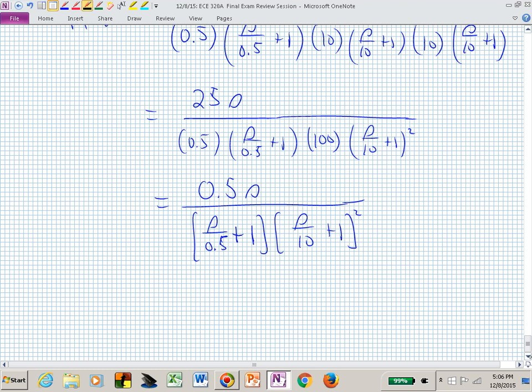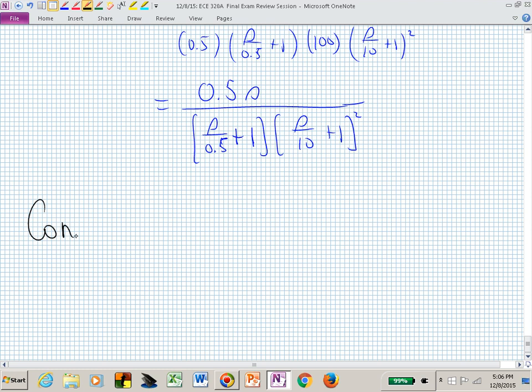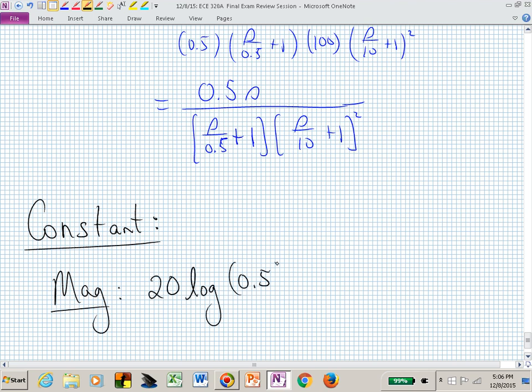We could say, okay, let's look at the constant. And our magnitudes, we're wanting those in dB so that we can add those up. This is now 20 times the log of 0.5. What's 20 log of 1? 0.